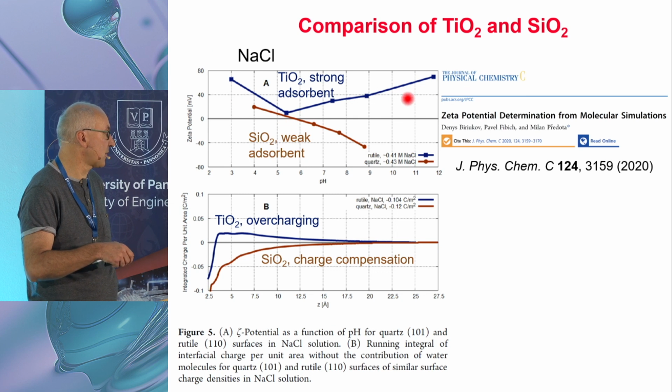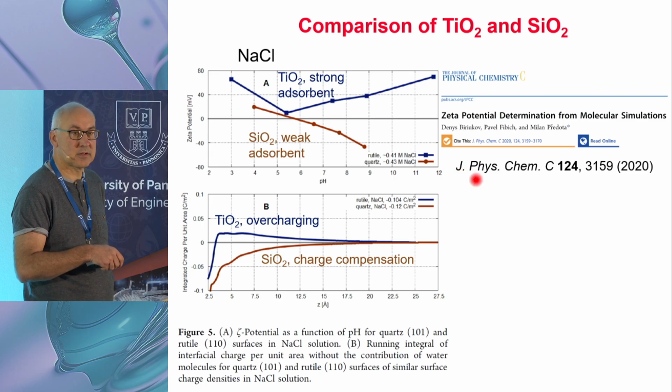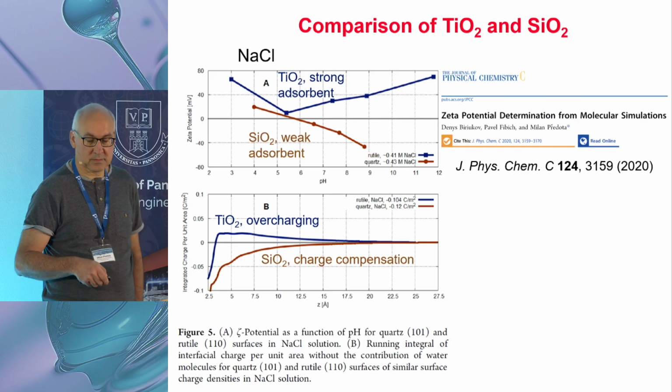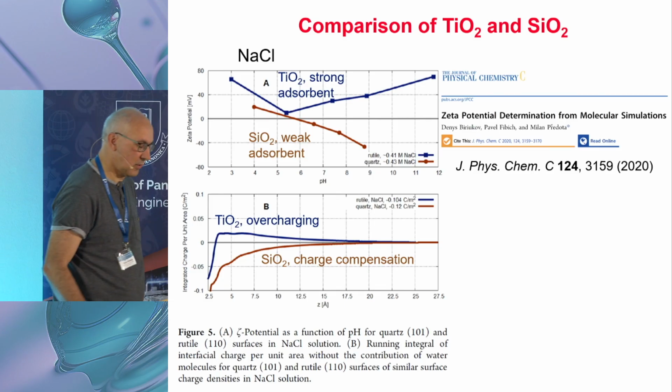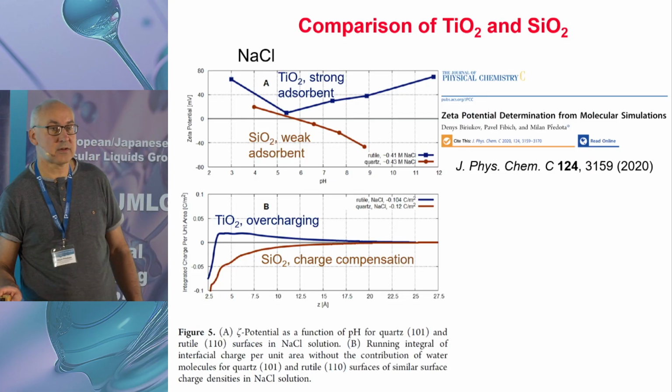So you see this anomalous behavior of zeta potential with the pH, and we compared it with quartz, which was modeled with scaled charges, and there the behavior is absolutely standard. So definitely the model, how strongly the ions adsorb, are the key factors which also affect the behavior of the zeta potential.